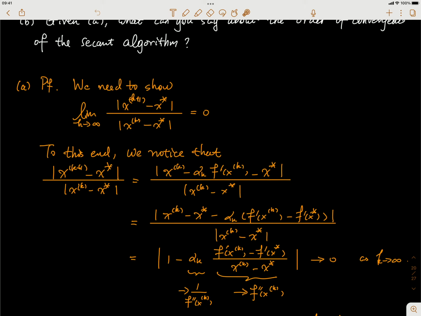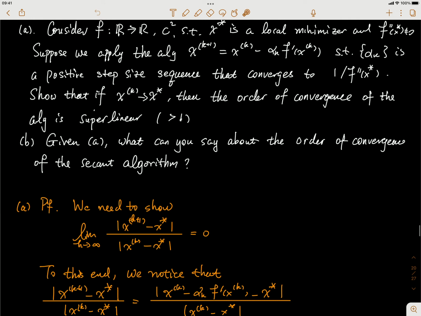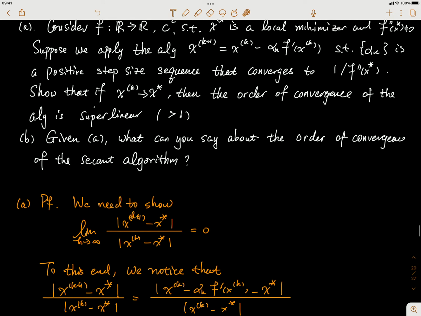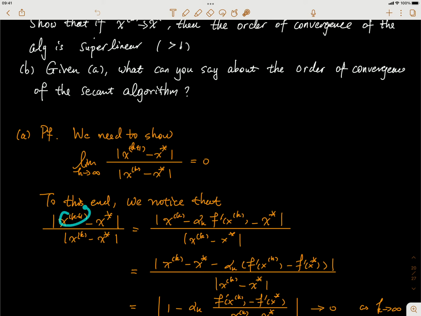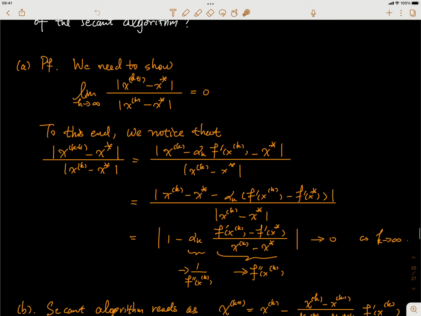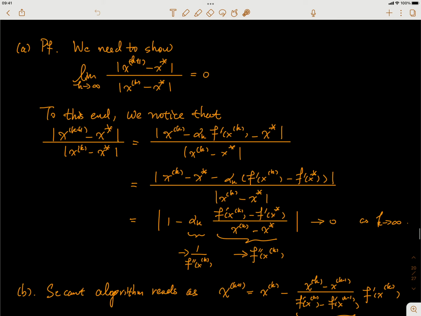To show that, we look at the ratio, and in the numerator we substitute the algorithm. The xk plus 1 is obtained from xk using this formula, so we substitute that back in here. Now let's try to show this limit is equal to 0. We need to make some small changes. I combine these two, so that becomes this.